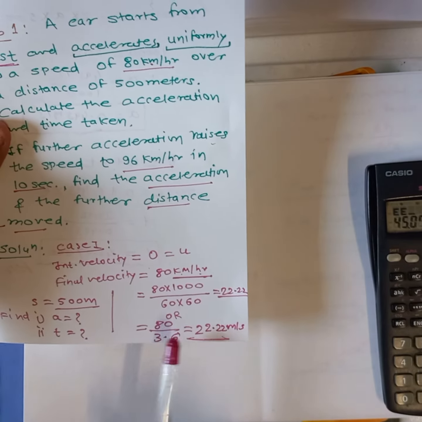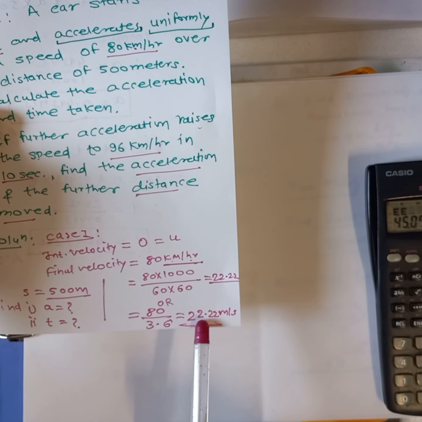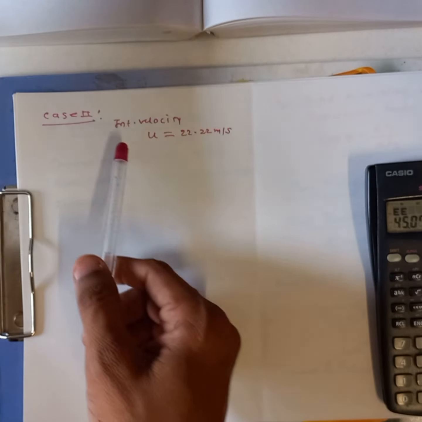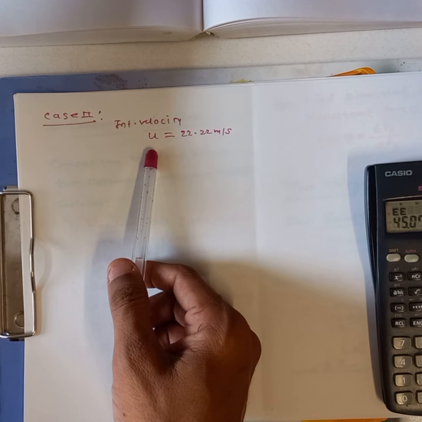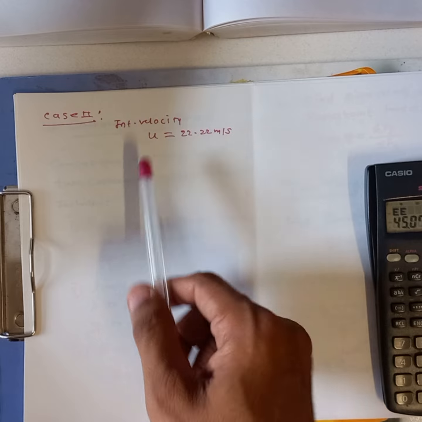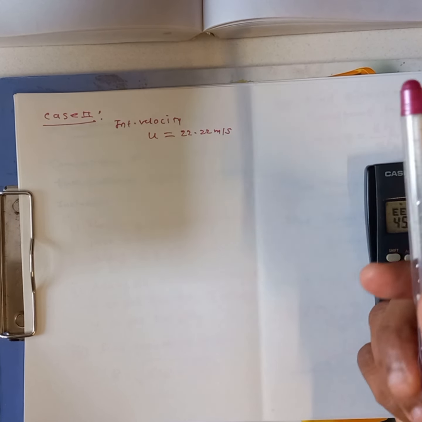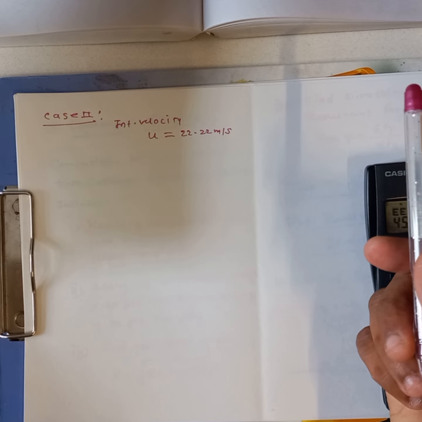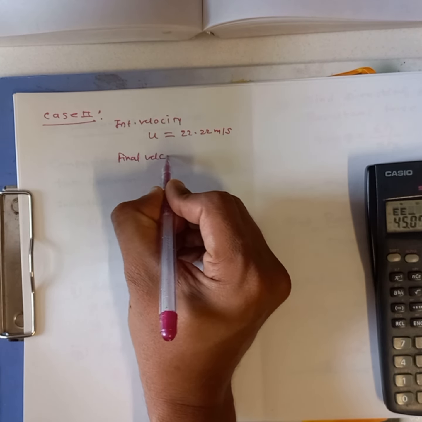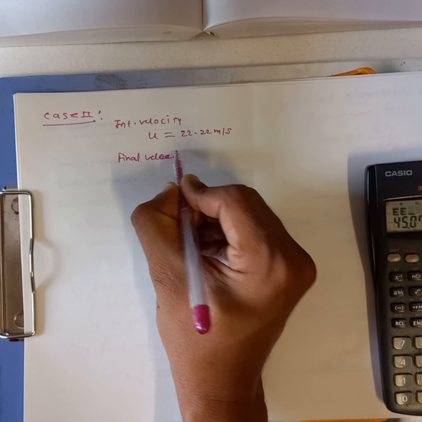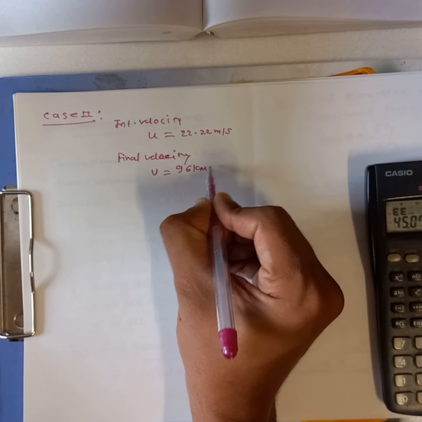We have taken in case 1 the final velocity as this. Now this will become the initial velocity in this case, because it is not starting from rest. They are further accelerating the vehicle or car and attaining the final speed of 96 km per hour. So here final velocity v equals 96 km per hour.